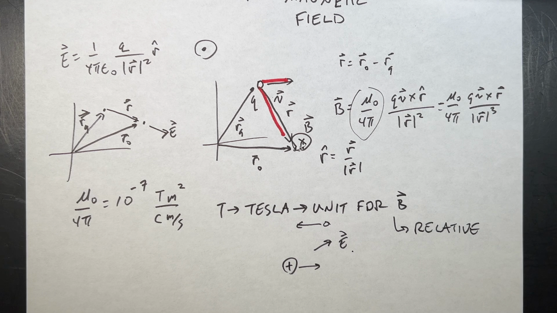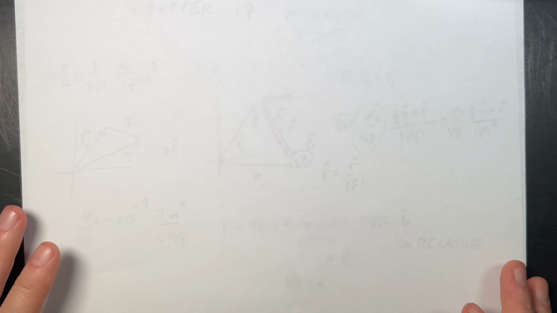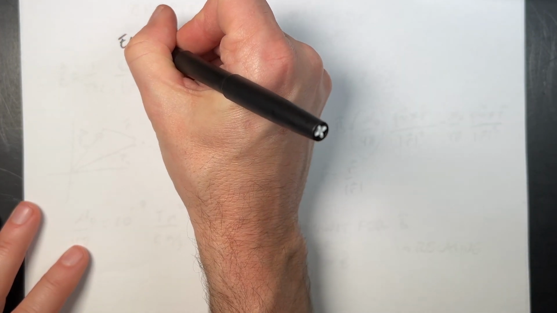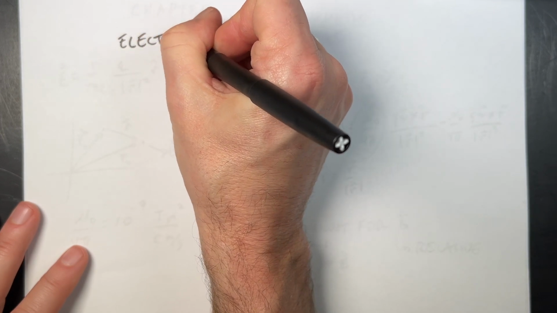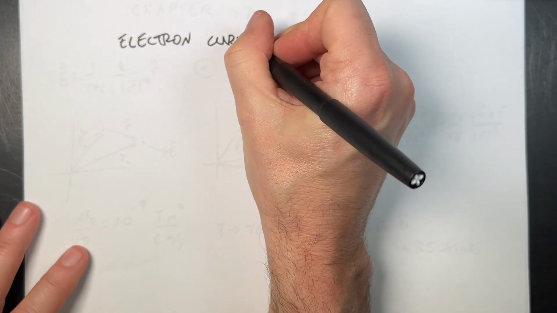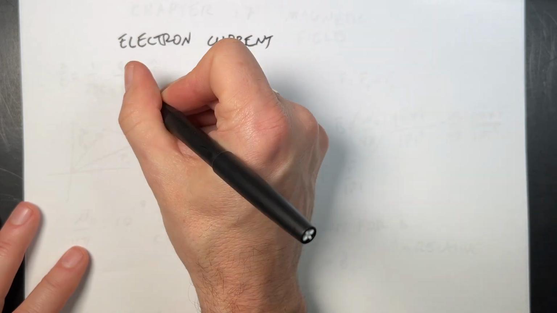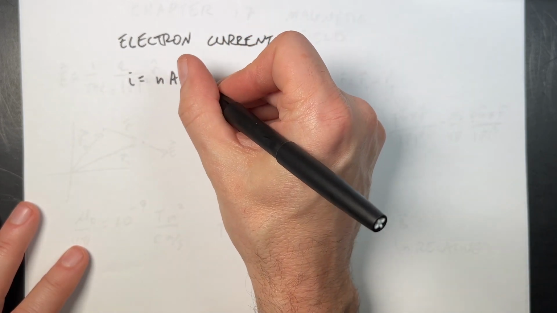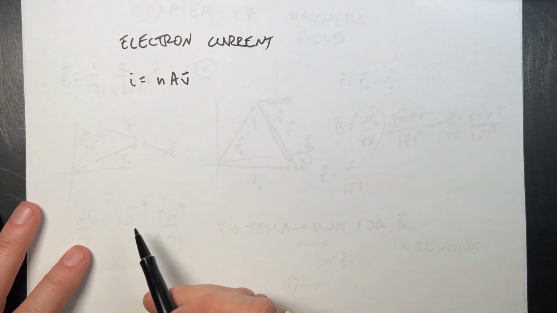Okay, let's talk about current. And I'm not going to solve these problems for you. We're setting them up, right? We're setting it as a summary. So remember, we're going to define the electron current, we'll call this electron current, i equals n A v-bar. That's not an arrow. I didn't mean to do that.